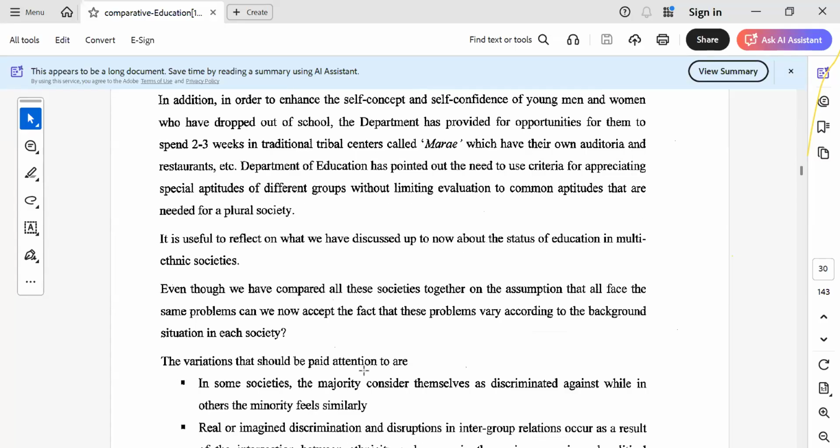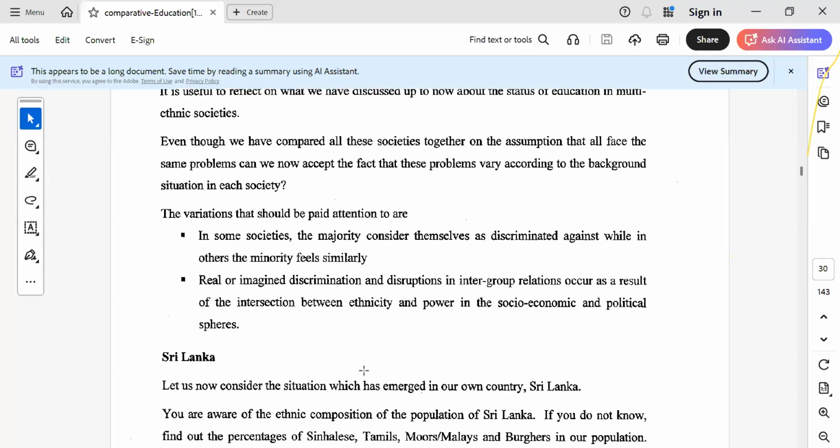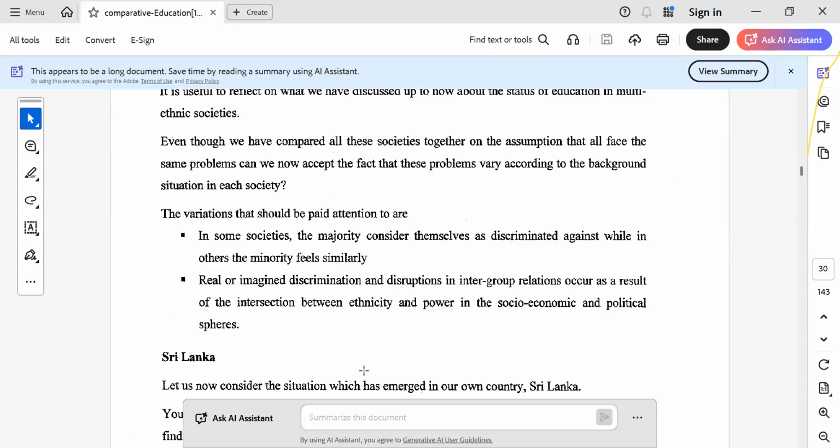So the variation that should be paid attention to is that in some societies, the majority consider themselves as discriminated against while the minority feel similarly. So also they gave priority to minority whites. Even the UK the same.